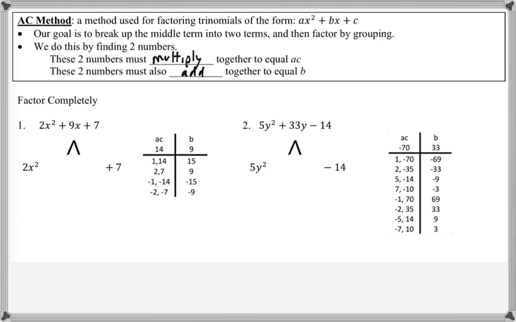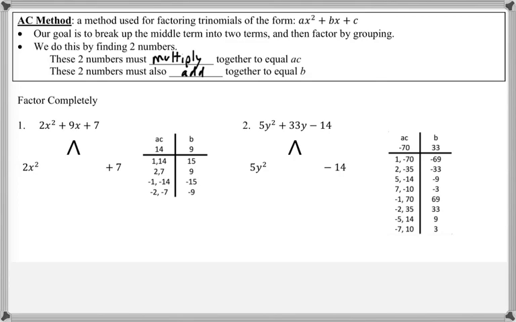So let's look at number 1. Again, A is 2, C is 7. So AC, if you take 2 times 7, you get 14. B is just the 9. So I'm going to put B here. Now off to the side, again, we need to pick two numbers.